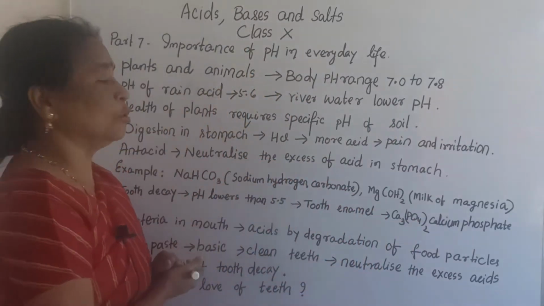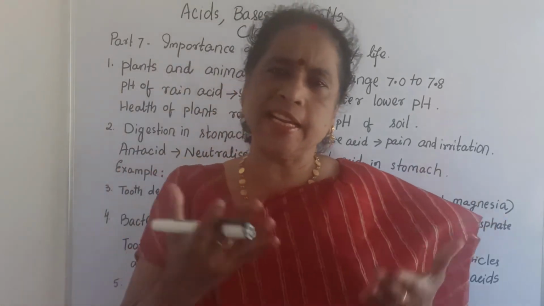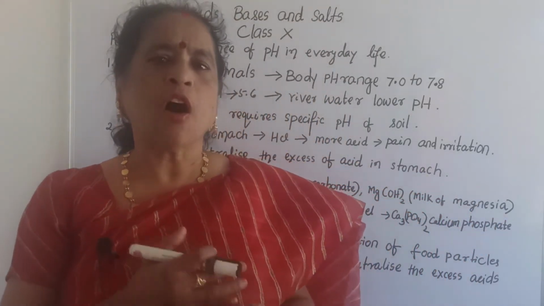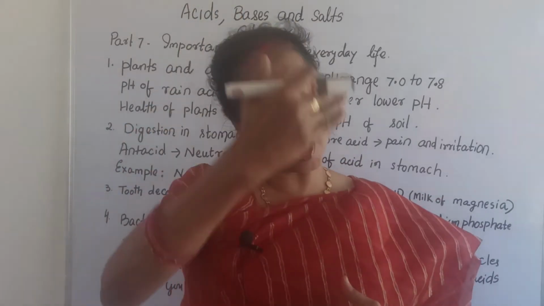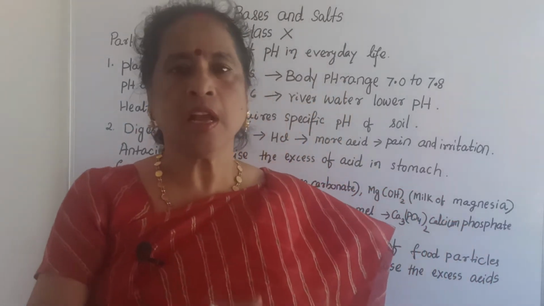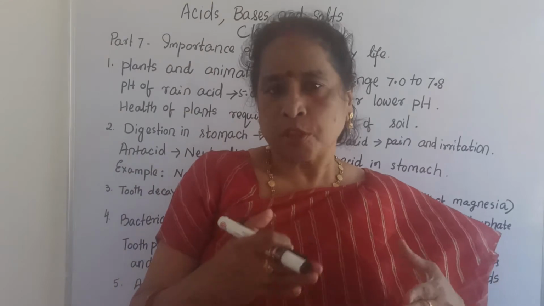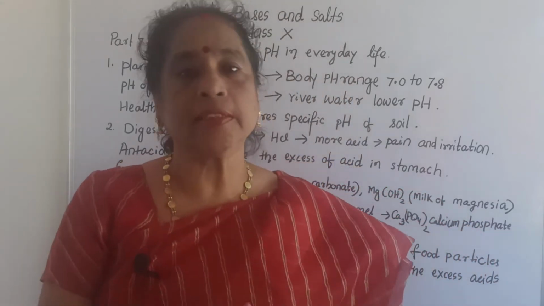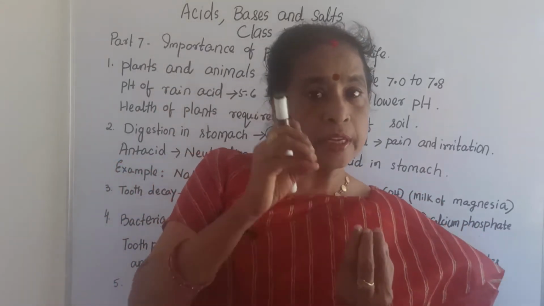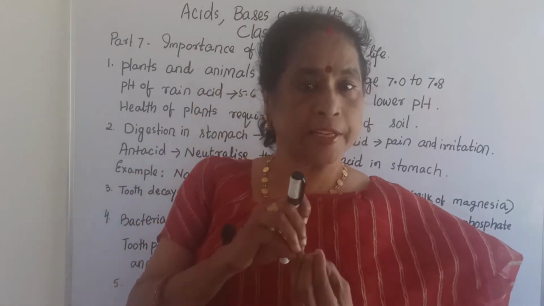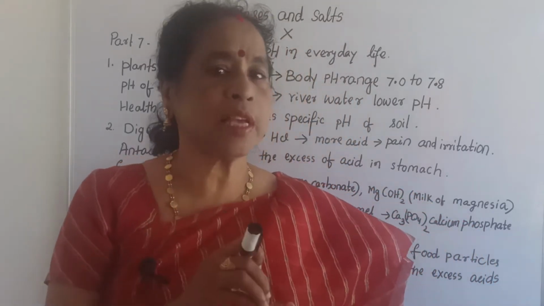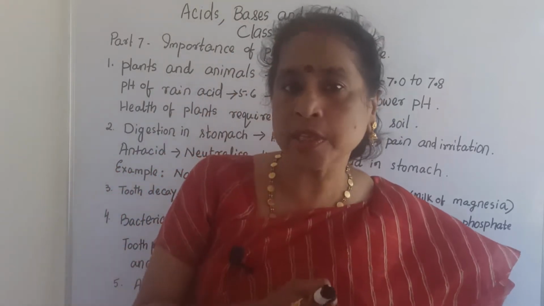And next comes acid rain. What is acid rain? When rainwater comes from the sky to the soil, what happens here? It comes in contact with sulfur dioxide and nitrogen dioxide.